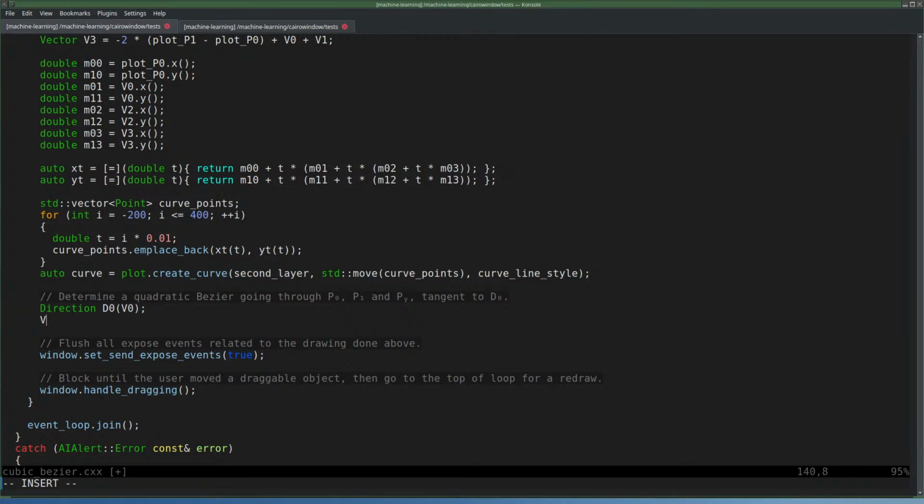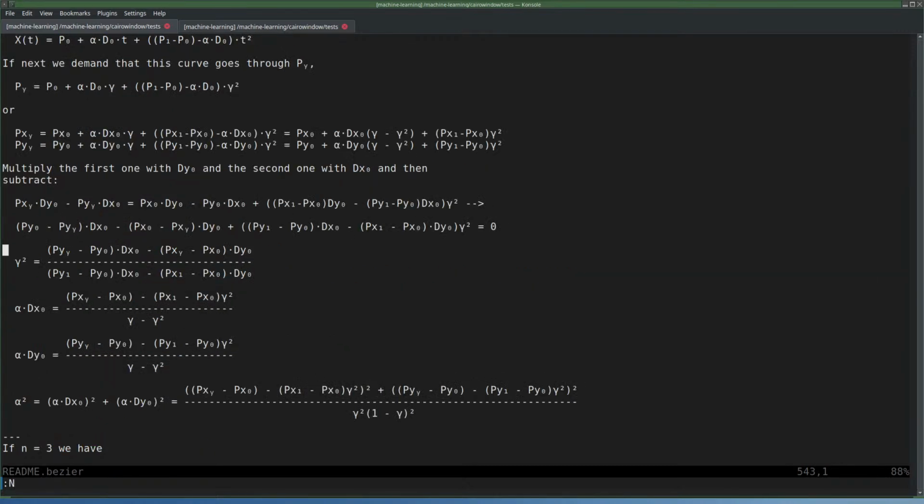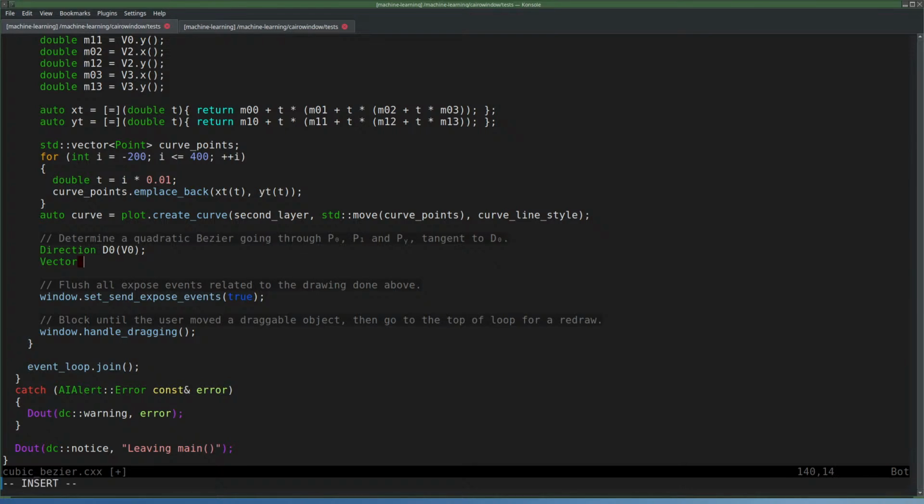And then I have a vector from 0 to gamma. P0 to P gamma.